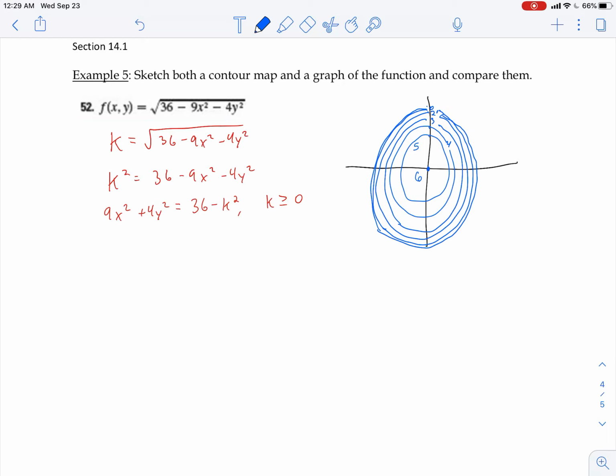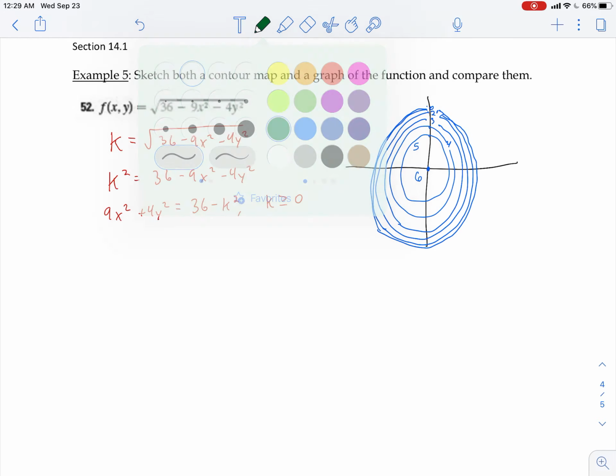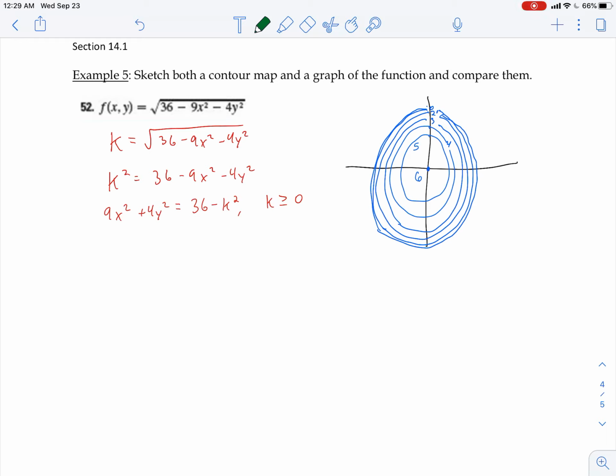And then we want to look at the graph of that. Well, if we look at the graph of it, instead of saying f of x y is equal to k, we're going to set that equal to z. So z equals the square root of 36 minus 9x squared minus 4y squared. We're going to square both sides, and again put this into a shape that we know.